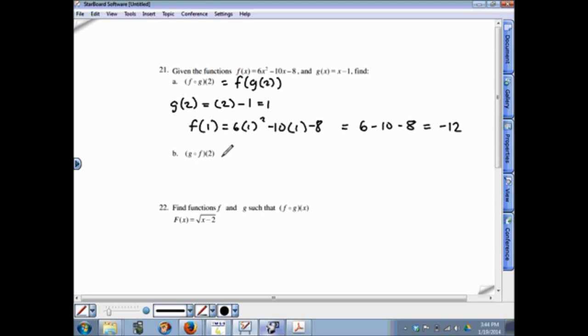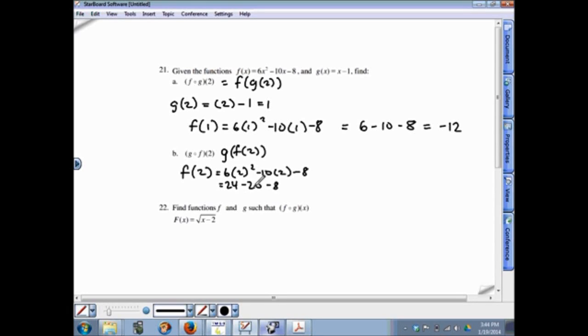Now this is g of f of 2. So the first thing we need to figure out is f of 2, because 2 is going to go inside the f function. That's going to change it into a new number. That new number goes inside the g function. So f of 2 becomes 6 times 2 squared minus 10 times 2 minus 8. 2 squared is 4 times 6 is 24 minus 20 minus 8.